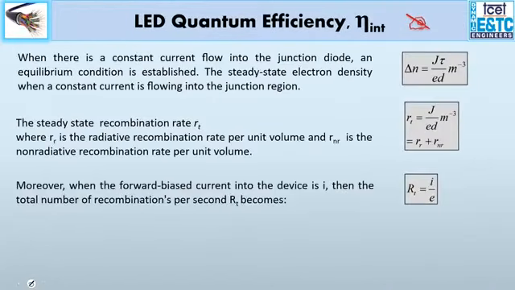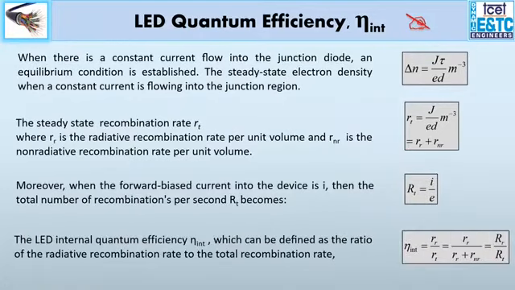Now, another way of calculating the quantum efficiency. What is the quantum efficiency? The quantum efficiency is the number of photons generated, which is nothing but the rate of radiative recombination, represented as RR, or small r, divided by the number of electrons injected. The number of electrons injected will give you either a radiative or a non-radiative recombination, so it can be written as RR plus RNR.